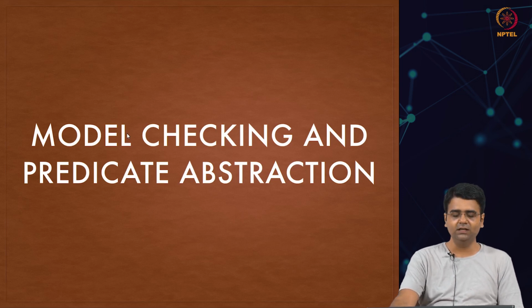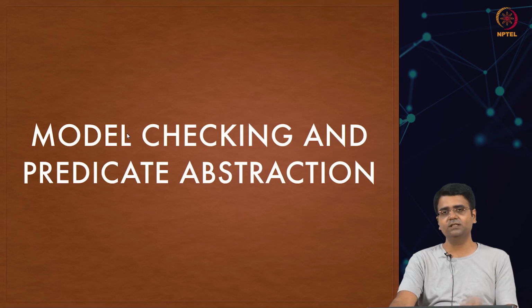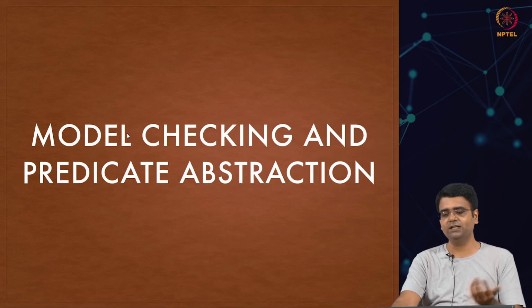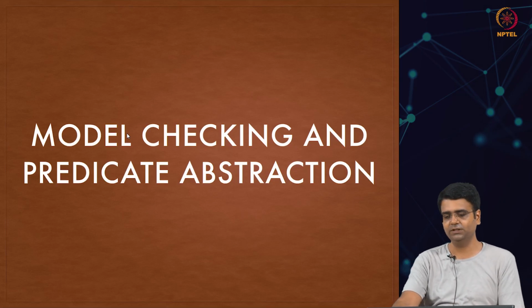Even though the program is correct, the abstract interpreter may say that it is not correct, because the over approximation leads to some error state which is actually not reachable, but which the abstract interpretation computes as reachable.